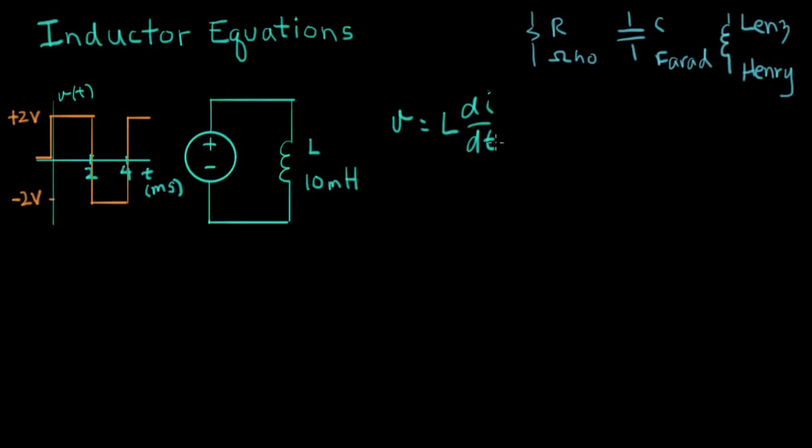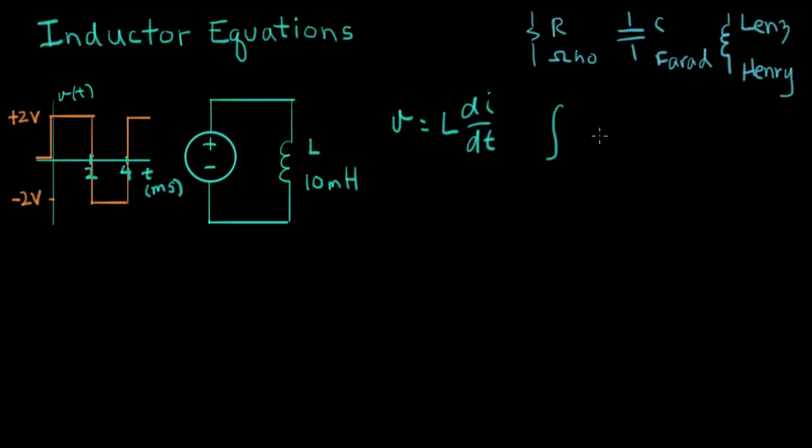There's another form of the inductor equation where we write it in terms of just I in terms of V. To get to that point, we need to get rid of this derivative here. So what I'm going to do is take the integral of both sides of this equation.